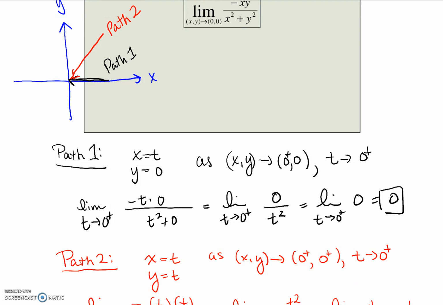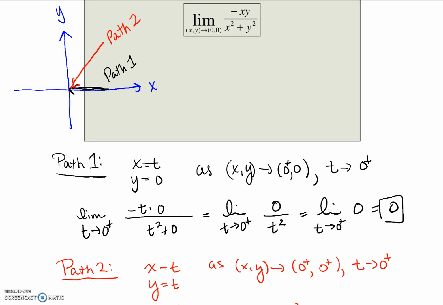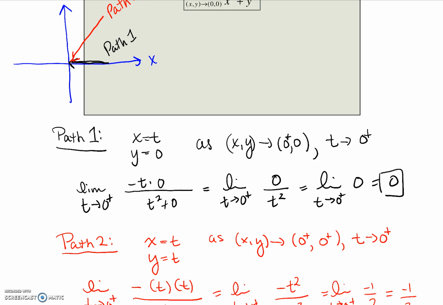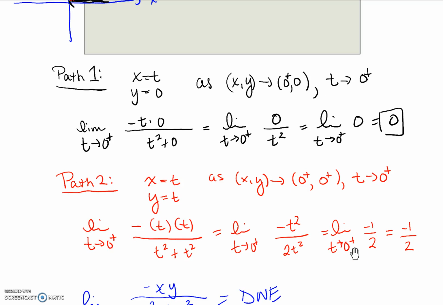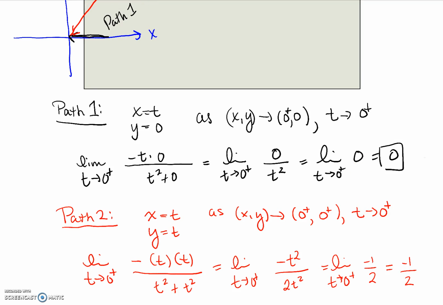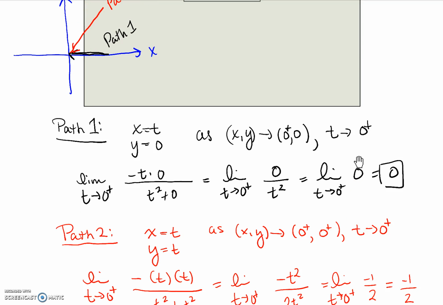Now, it's the second path where we have y equals x. Well, if y equals x, then they should both equal, in theory, our parameter. So if y equals x, and we choose x to be our parameter t, then, if I look at my line up here, as I move along that path, my x and y coordinates are getting closer and closer to 0 from above.